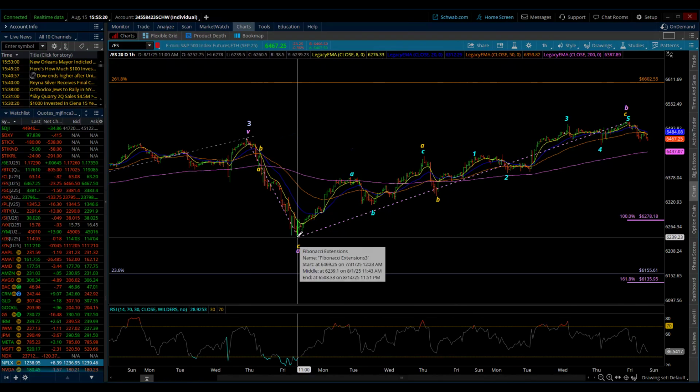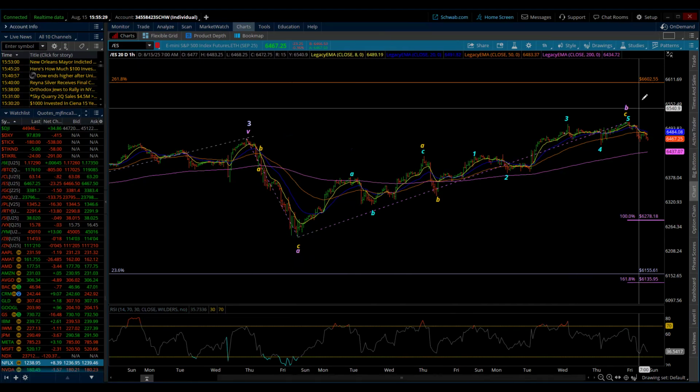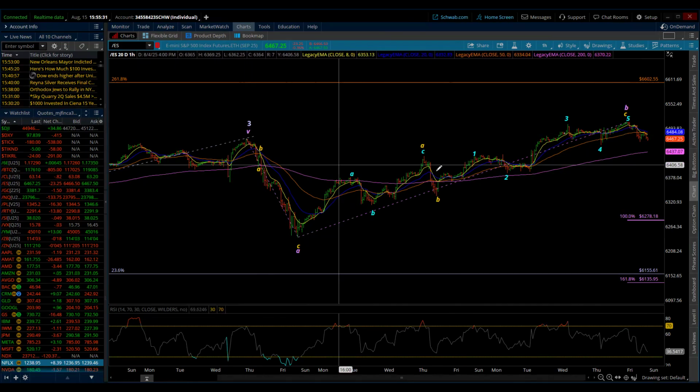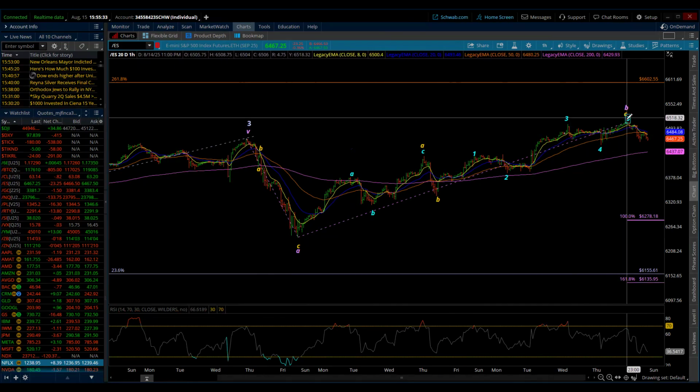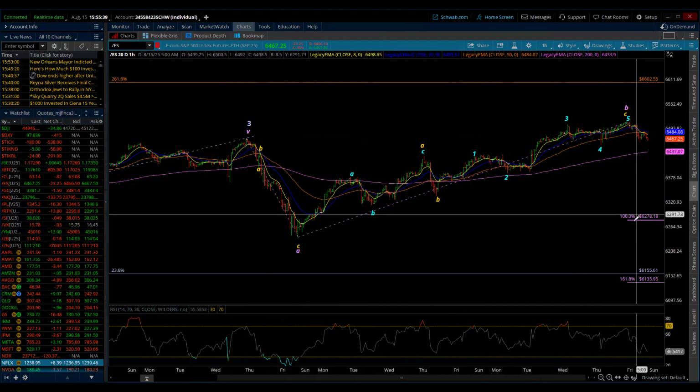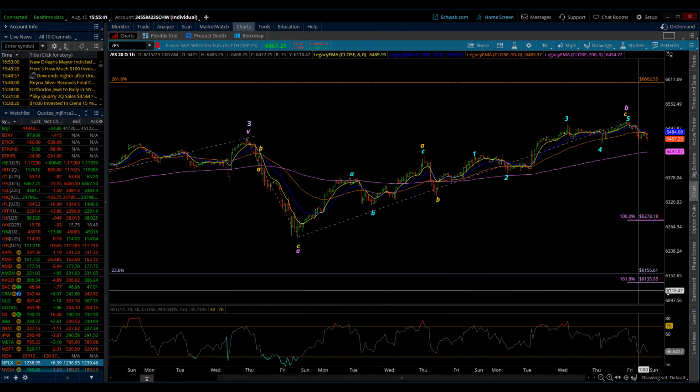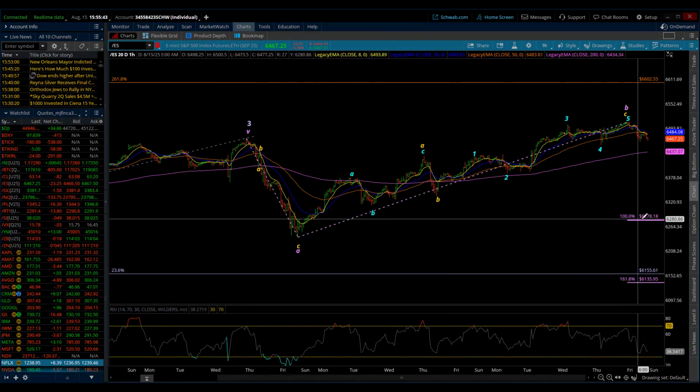So we're at least looking for it to come back to 62.39. But if I put out 1.618, which is the more common for when you have an irregular B wave inside of an ABC, then you're going to be looking for 1.618. So that may provide a pause.